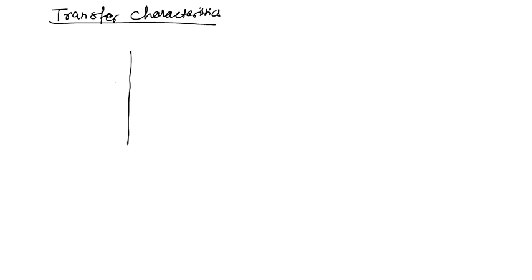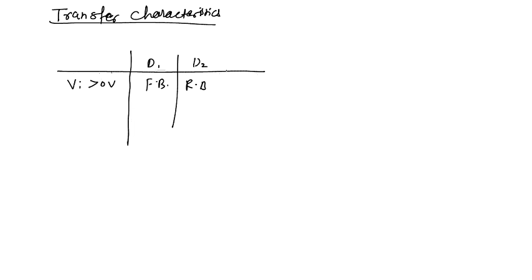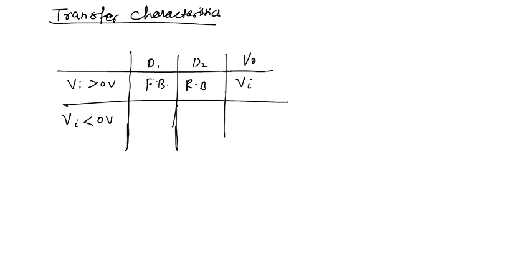We know that if Vi is greater than 0 volt, then diode D1 will be forward biased and diode D2 will be reverse biased, and we will get an output which is equal to input Vi. And when the input voltage is less than 0 volt, we get D1 reverse biased and D2 operating, that is forward biased.